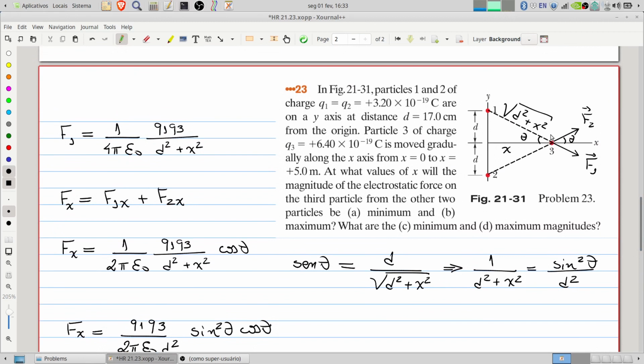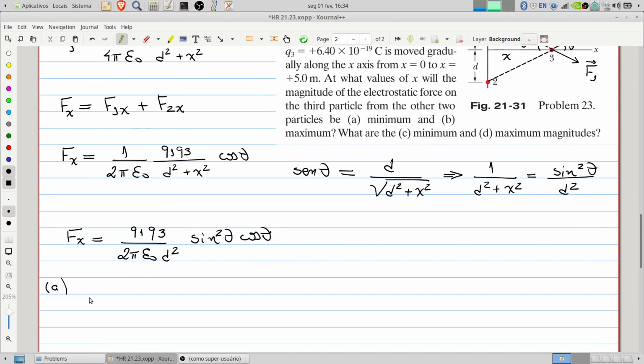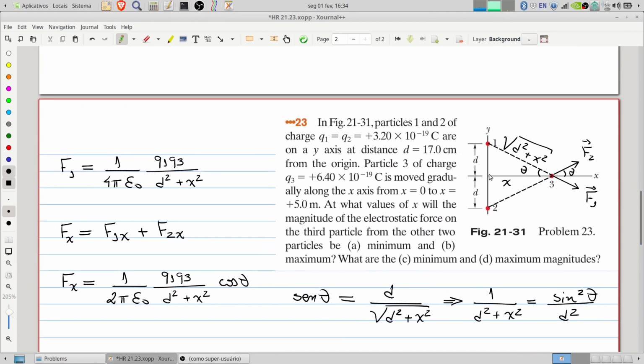We know the minimum value occurs when x equals 0, meaning that charge 3 will be here, and we won't have any horizontal component, and the vertical components will cancel each other.